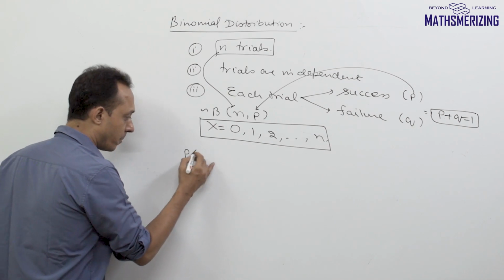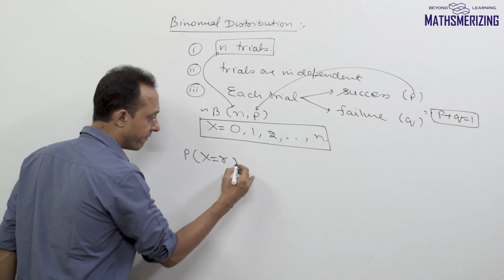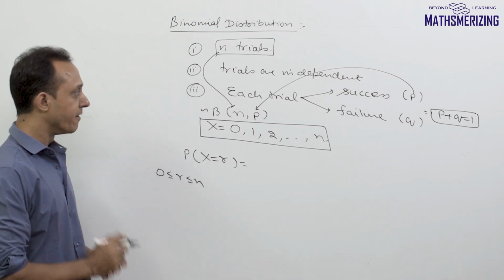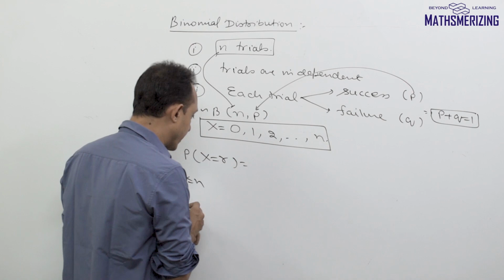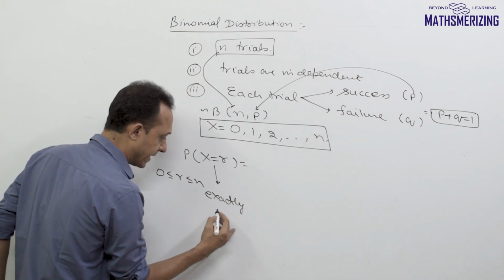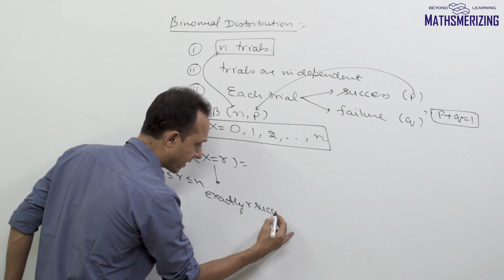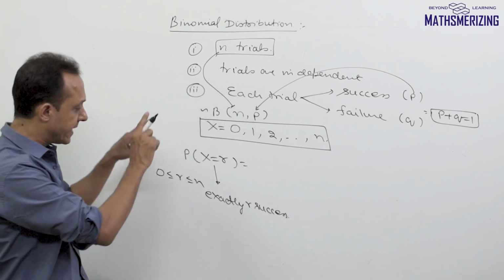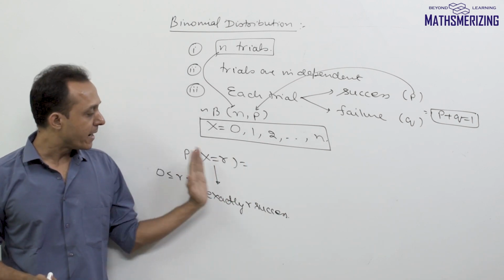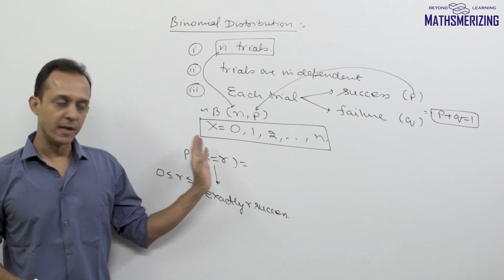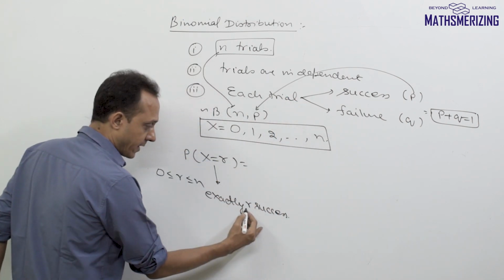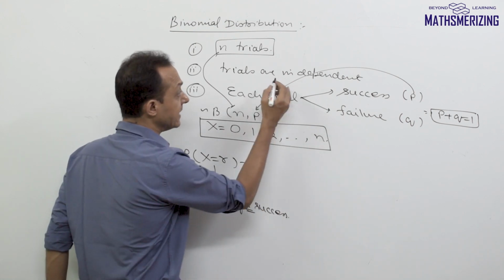Now the probability of this random variable taking the value r, where r lies between 0 and n, is given by, when I say X equals r, it simply means the probability of getting exactly r successes. That is, out of these n trials, r trials resulted in success, and the remaining n minus r trials resulted in failure.